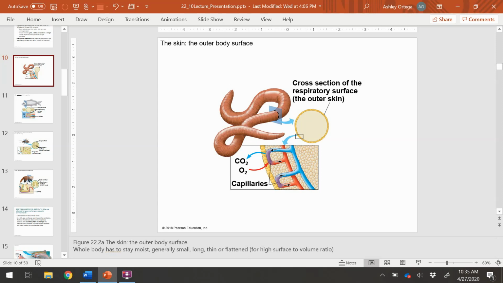They're also generally small, long, and thinned or flattened for a high surface to volume ratio. That way the exchange can get to all cells quickly. Because if you have a bigger animal trying to exchange gas with their skin, not all the cells in the interior most part of the body would get that as quickly.